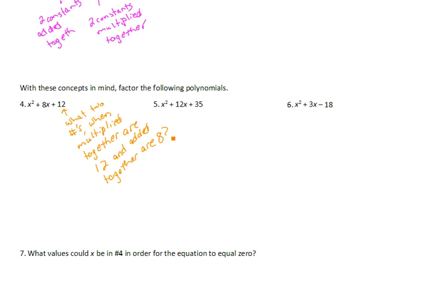That's the question we're asking. Okay, in a nutshell, in words, that is what this polynomial is asking. So what two numbers multiplied together give us 12, added together 8?